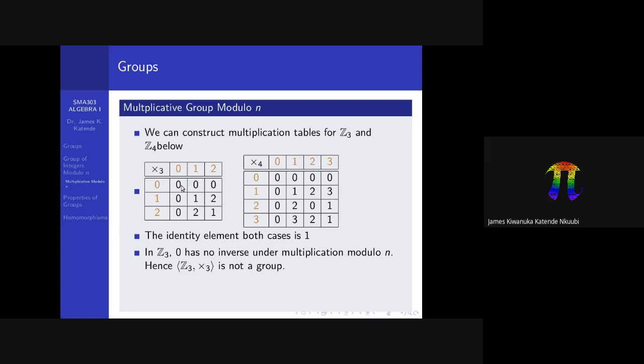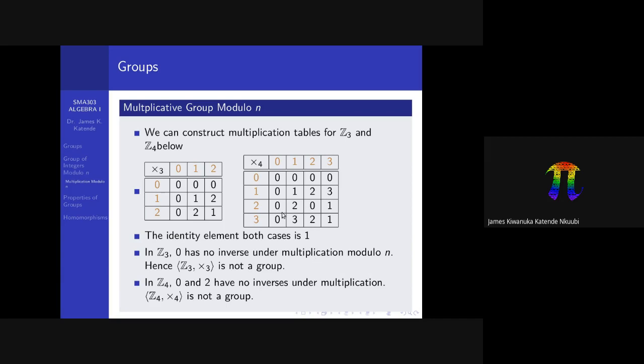For Z3, 0 does not have an inverse. For Z4, 0 does not have an inverse. The same is true for 2. This is here by accident, so it should be a 2. That's why it appears like it has an inverse, but it doesn't have an inverse because this is an error. It should be 2. So 0 and 2 will not have an inverse for Z4.